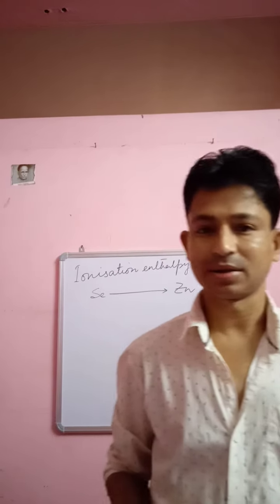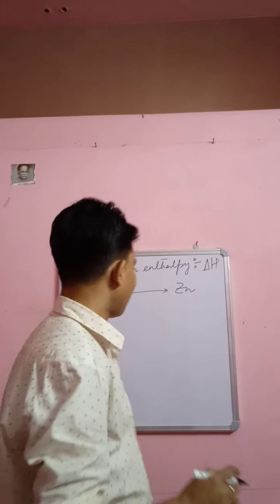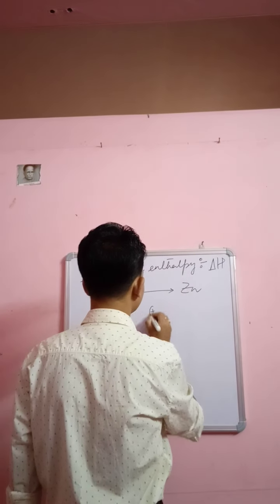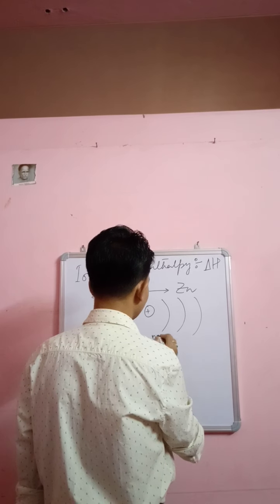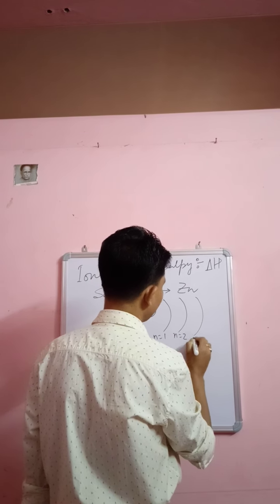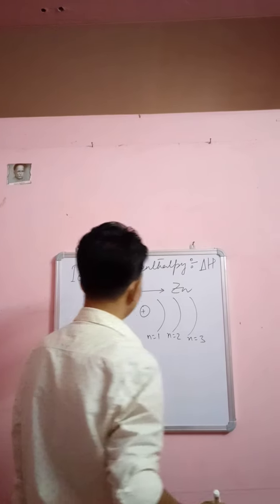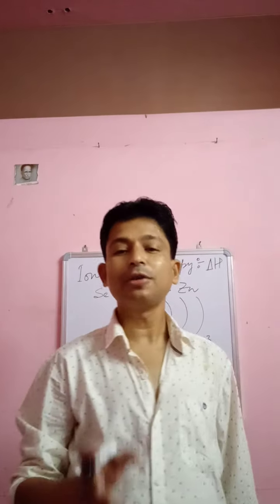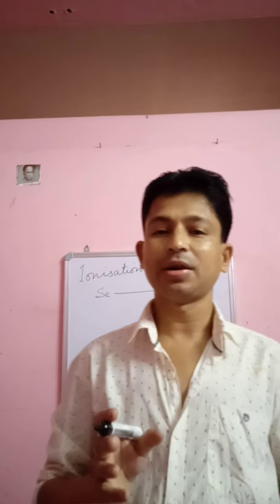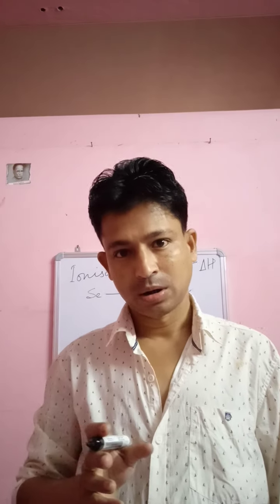Now why does it increase? See, this is the nucleus and this is the first shell, second shell, third shell, n equal to 1, n equal to 2, n equal to 3. As you move from left to right, there is gradual filling of electrons from the first element to the second element, from the second element to the third element, and so on.